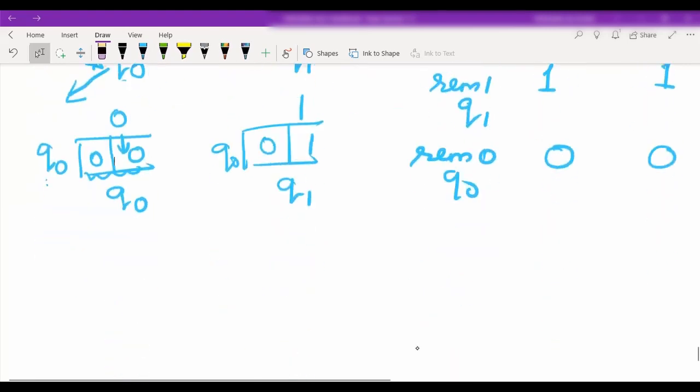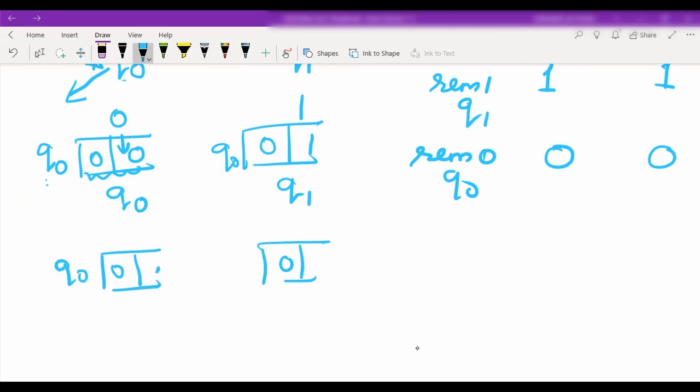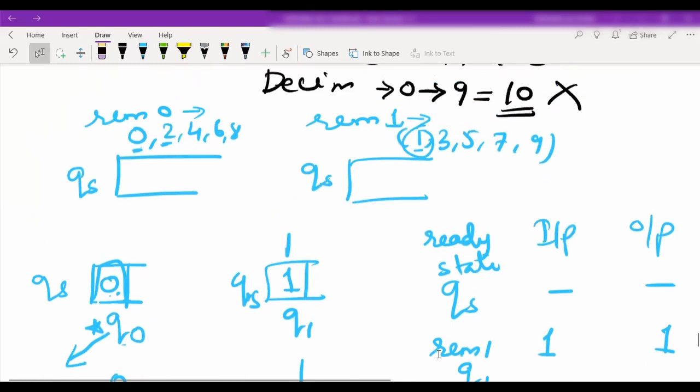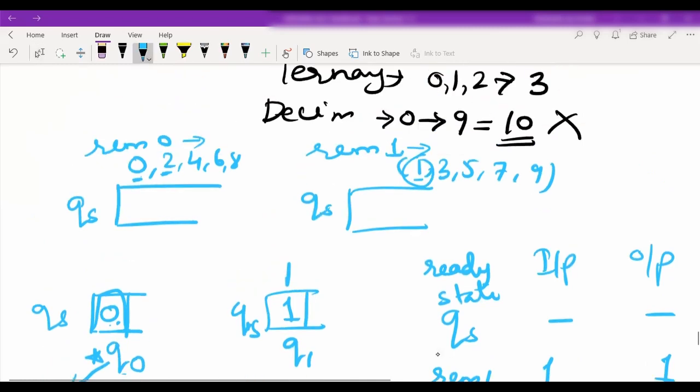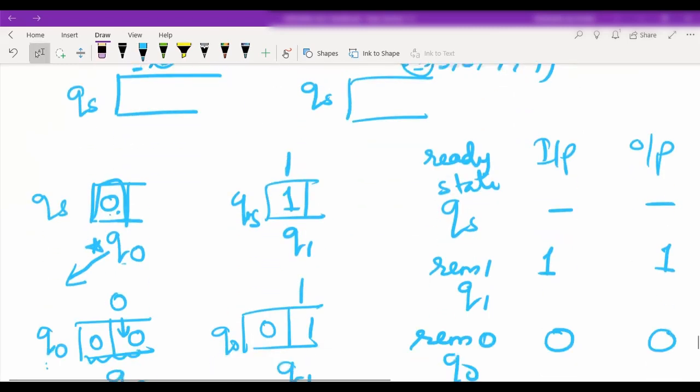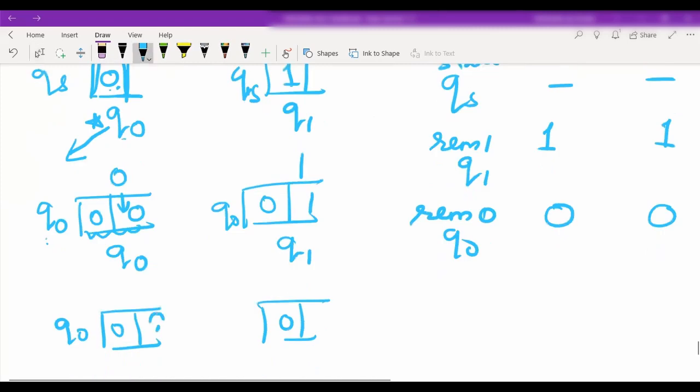Now suppose the current bit is 0, that is your Q0 state, and the next bit can be one element from set 0. What is there in remainder 0? The next bit can be 2. If I take 2 here, the number created is 2. Number 2 is divisible by 2, leading to state Q0 with the remainder 0.